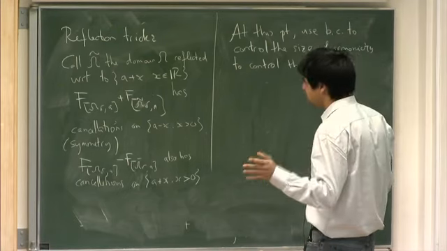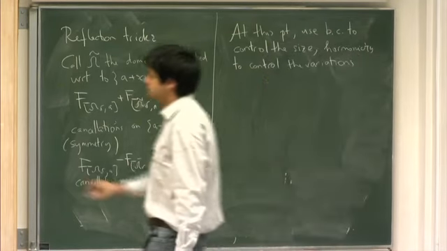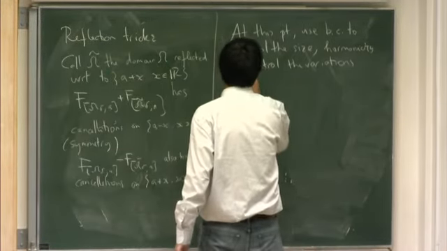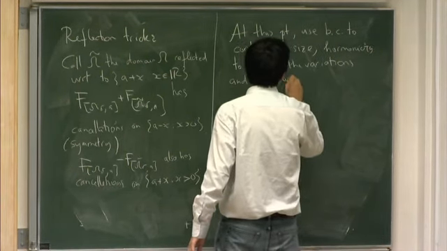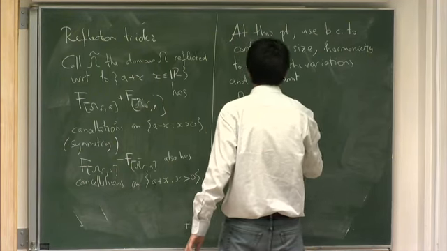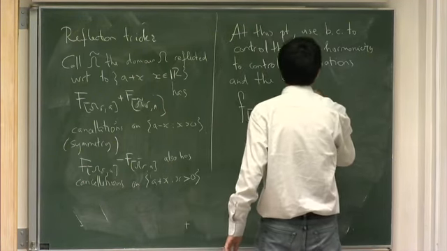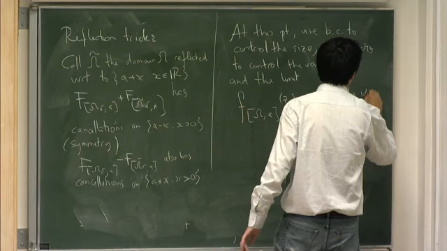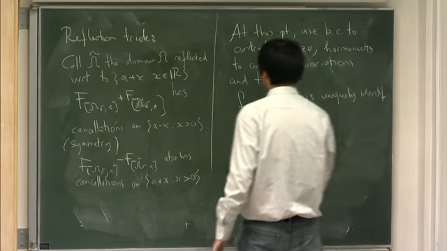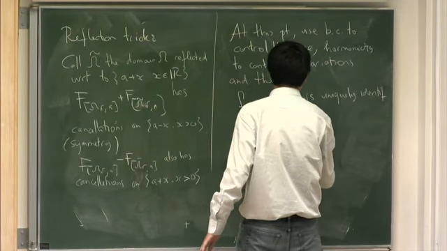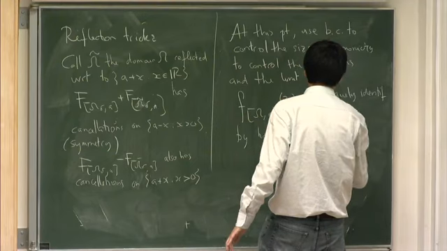So we control the variation, and now let me tell you what the function is here, and the limit. It is uniquely identified by holomorphicity, singularity, and boundary conditions.